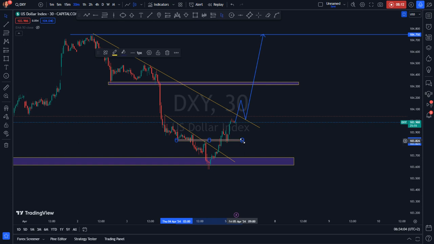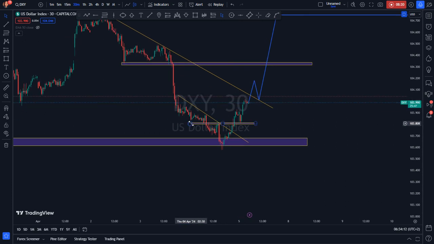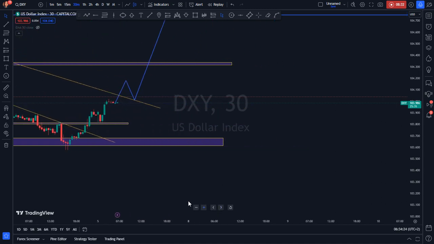Because in this case right here, we could see that this was also an entry point, because this was a reversal pattern and then the market broke above the previous high. This was lower low, lower high, lower low, lower high, lower low, and then the market decided to break above the previous high and retested it. And then the market really did push all the way to the upside.